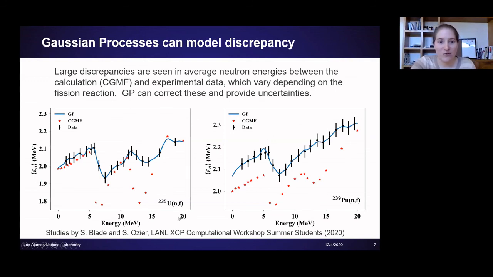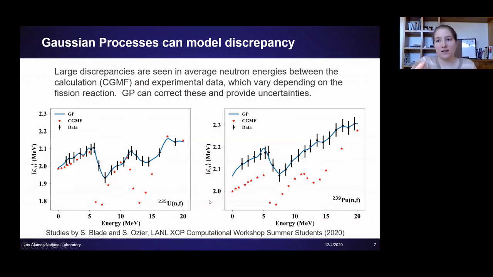But we had a summer project that was looking at using a Gaussian process to model this discrepancy. And you can see, at least from these means, the blue, which is the Gaussian process, that regardless of how different the discrepancy is between uranium and plutonium, the Gaussian process can model the discrepancy in both cases.